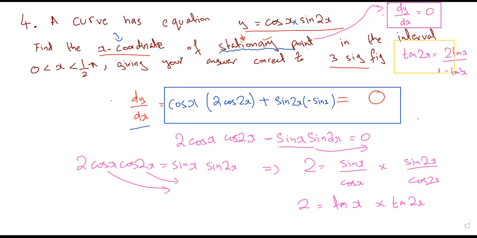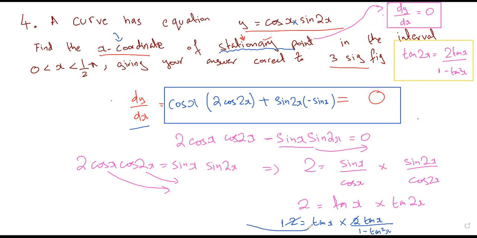So finally, we are going to get 2 equals tan x multiplied by 2 tan x divided by 1 minus tan square x. I can cancel out this 2 and 2. I'll be left with 1 here.